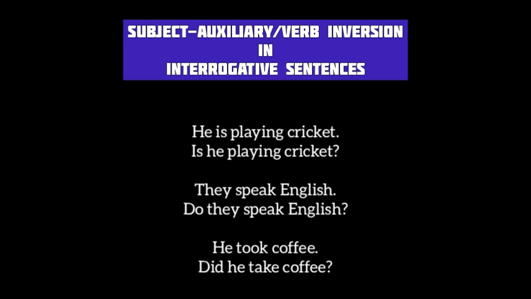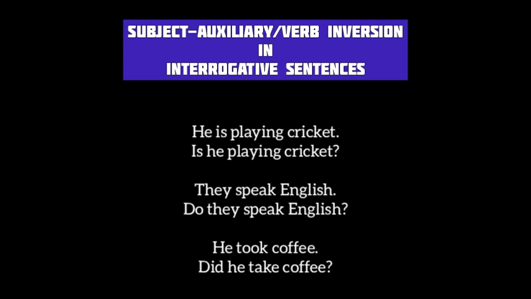Is he playing cricket? In the next sentence, they speak English, the verb speak has come after the subject they, but it has no auxiliary verb. In simple present tense, no auxiliary verb is used before the main verb in affirmative sentences. So in interrogative sentences, we have to invert the subject with do or does.